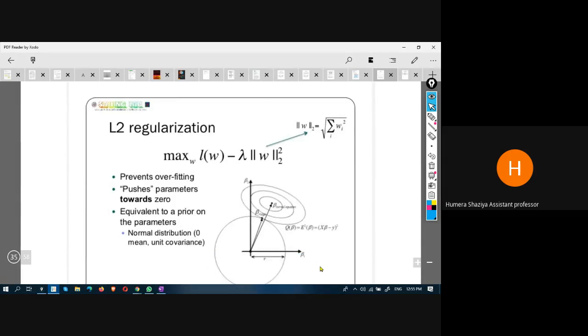In L2 regularization, this component is added, and then it prevents overfitting and pushes the parameter towards zero and is equivalent to a prior on the parameter. So with an extra term here, this regularization prevents overfitting.